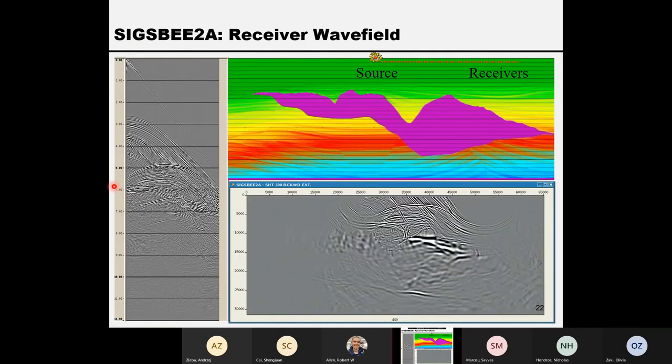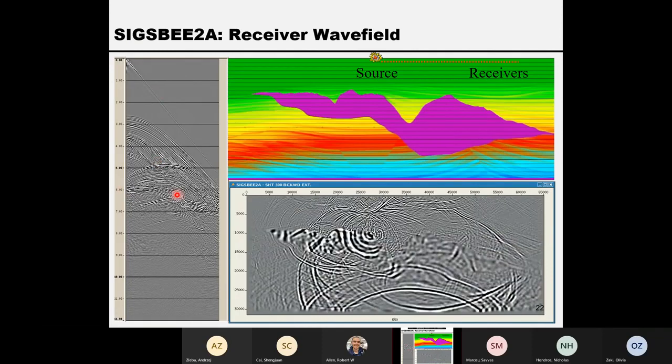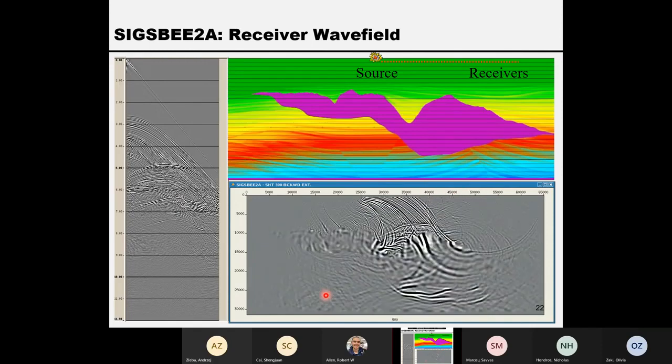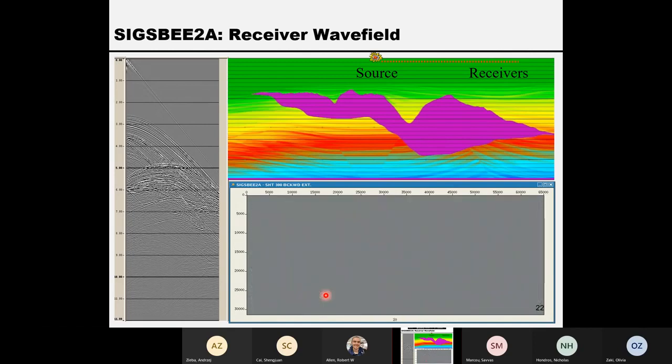You treat this whole seismic data as a single source, and then you propagate backwards from here, also downward continuation. Start from here, gradually move down. And what do you do? You do the cross correlation between these two at each individual depth.